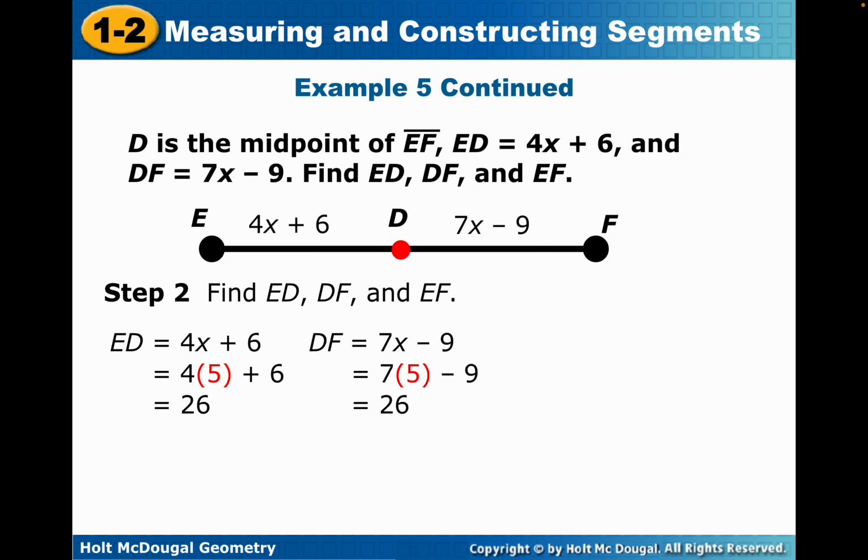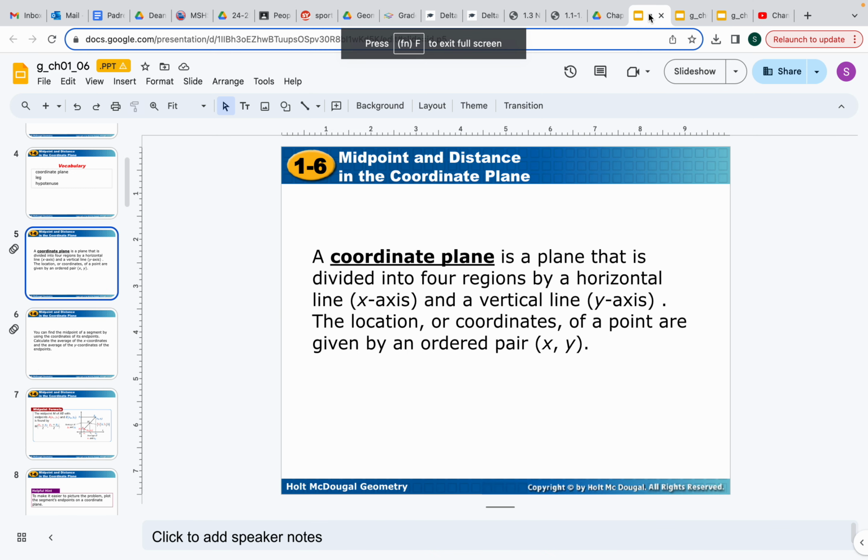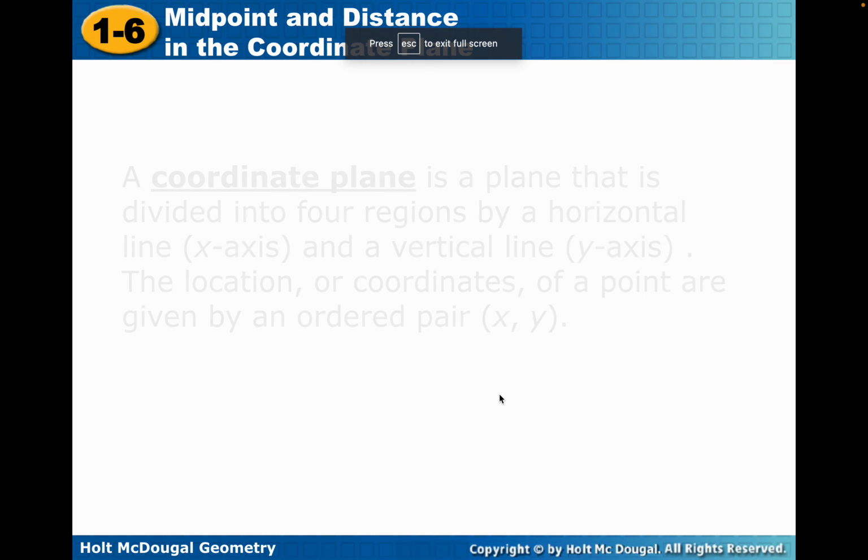Go ahead and plug in 5 and make sure you get the same value for both ED and DF, because if you don't, something is wrong, since they have to be the same value. Now that we know the two values are 26, to find the whole value we just add the two segments together using the segment addition postulate, and therefore our value of EF is going to be 52.